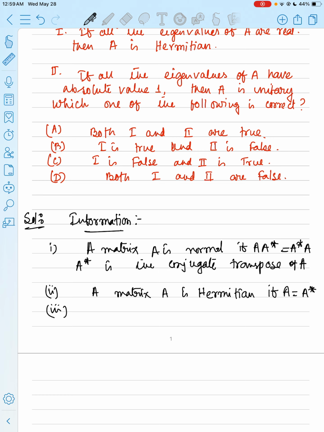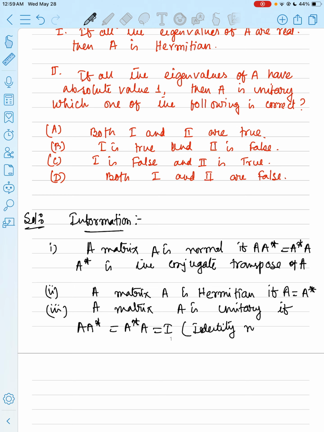Third, a matrix A is unitary if A A star equals A star A, which equals I, the identity matrix, that we all know.